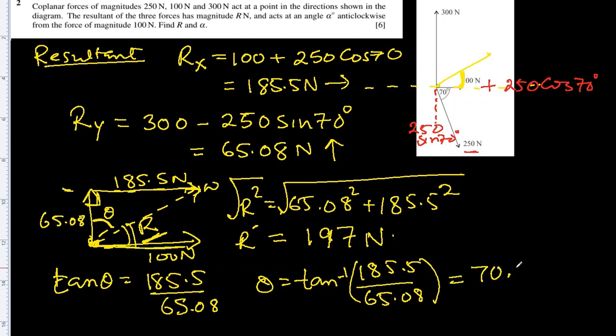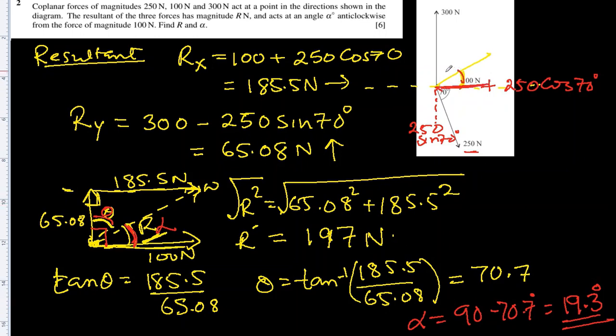So let's take 70.7, three significant figures. Let me specify, this is alpha and this is theta, and their sum is 90 degrees. So alpha is 90 minus 70.7, which is 19.3 degrees. This is the angle of the resultant with the 100 newton force.